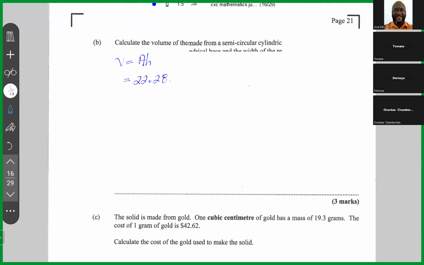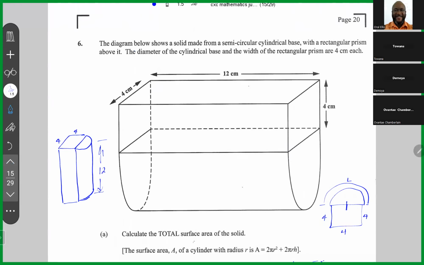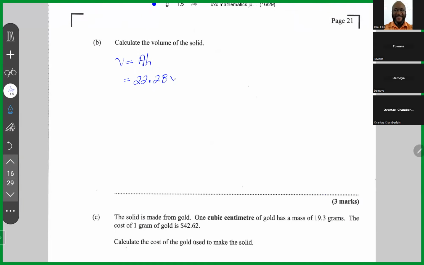Times the height of the solid, which is 12. So 22.28 times 12, the volume is 267.36 centimeters cubed. Area would be centimeters squared, volume would be centimeters cubed.